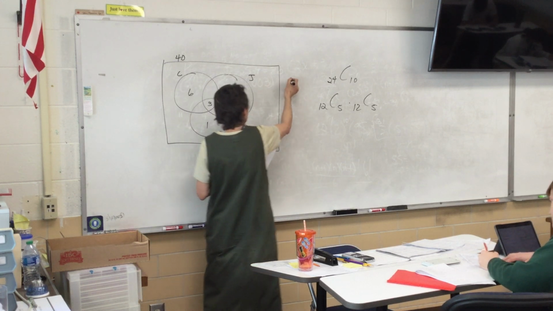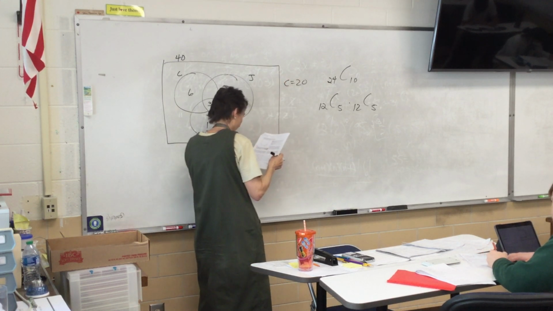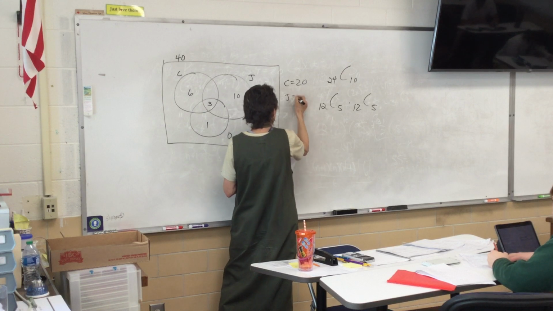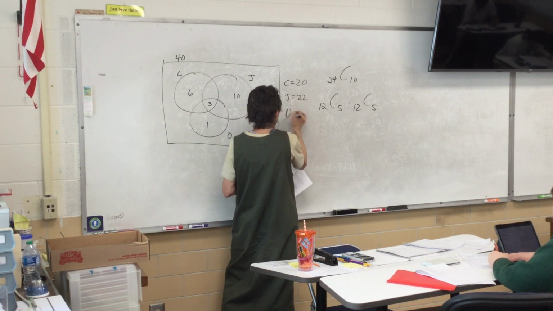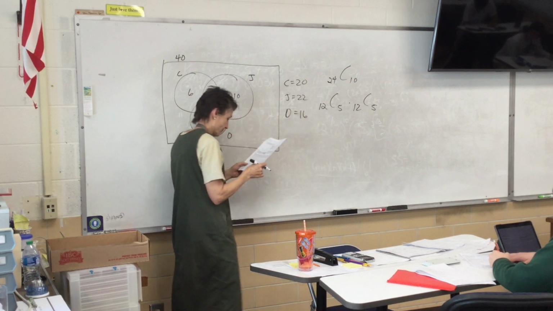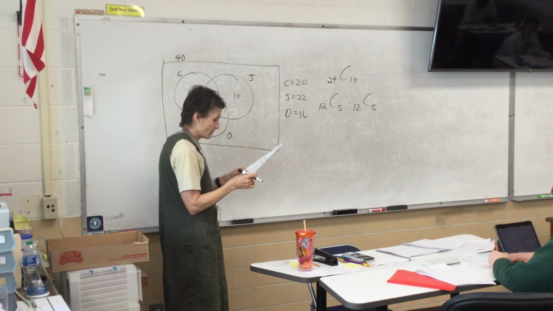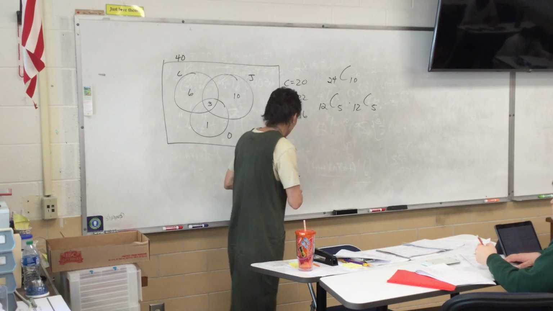There are 20 who like country, 22 who like jazz, and 16 who like opera. Then we'll reach in and grab 1. What's the probability he doesn't like anything?